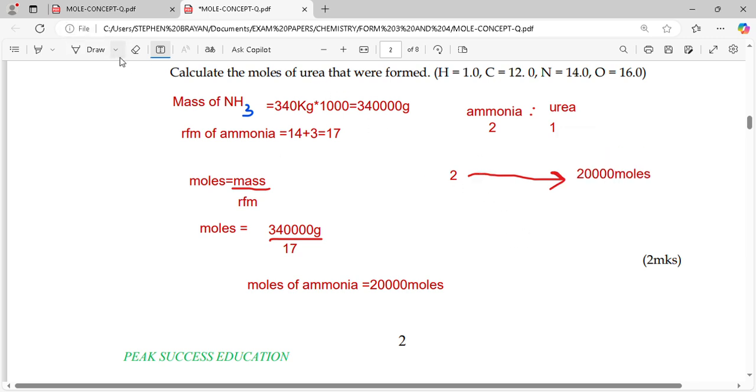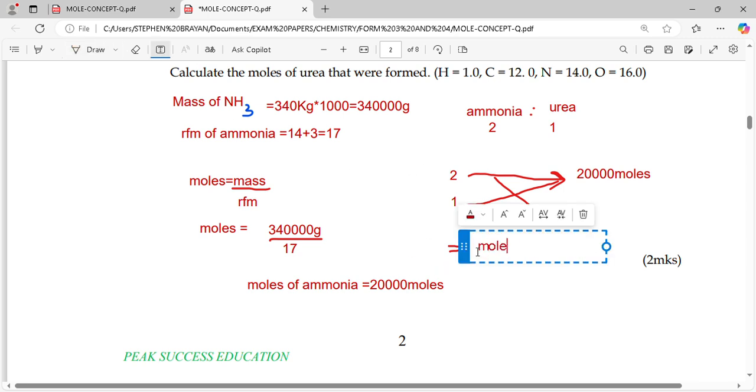You simply cross multiply at this point, and then you will be able to get the moles of urea. The moles of urea are now going to be equal to 10,000 moles. So those are now the moles of urea.